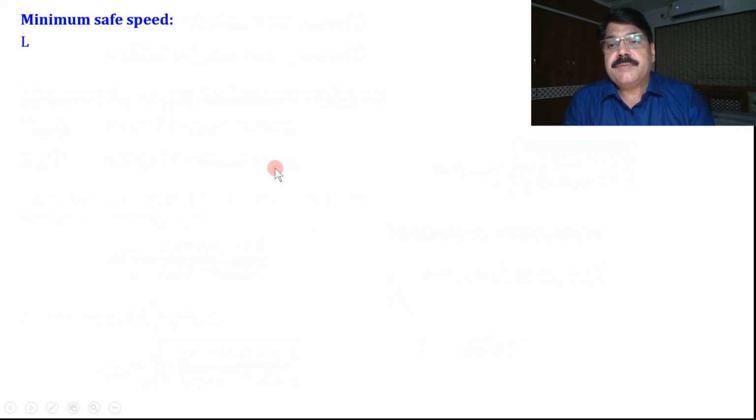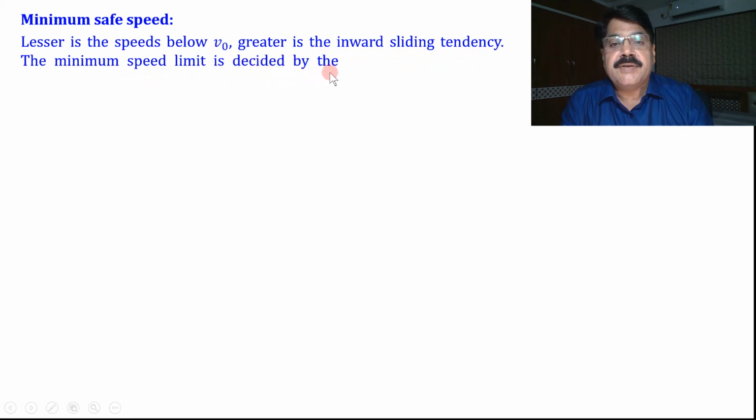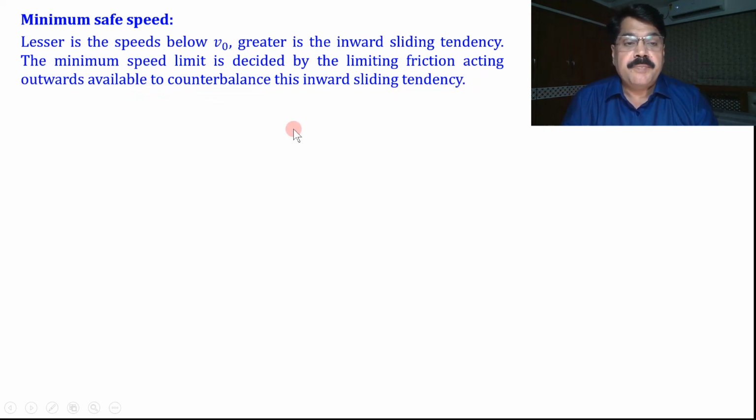Minimum safe speed: lesser is the speed below v0, greater is the inward sliding tendency. The minimum speed limit is decided by the limiting friction acting outwards available to counterbalance this inward sliding tendency. That is a very important idea. So when the speed is minimum, the static limiting friction will act outward.